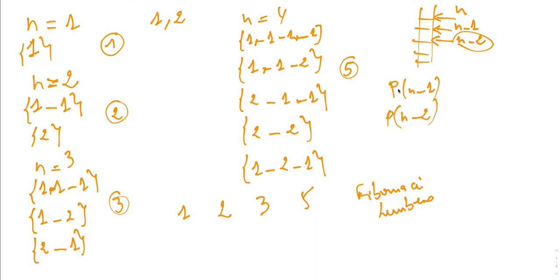So basically, to calculate Pn, either we take all the possibilities of n minus 2 and we add to it 2 steps. For example, if we had this for n minus 2, to attain the nth step we're just going to add 2's.